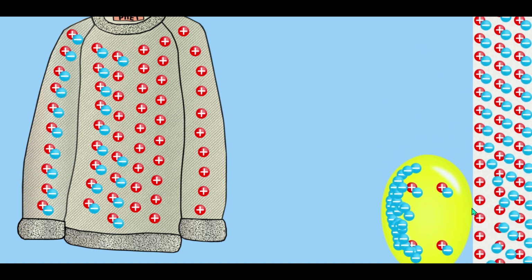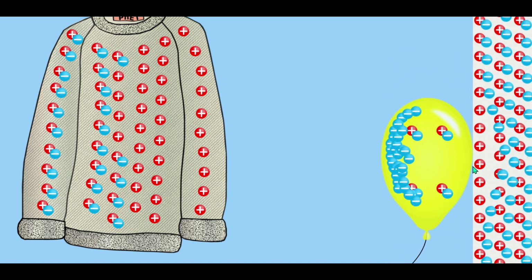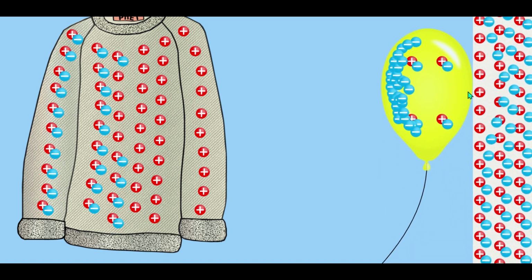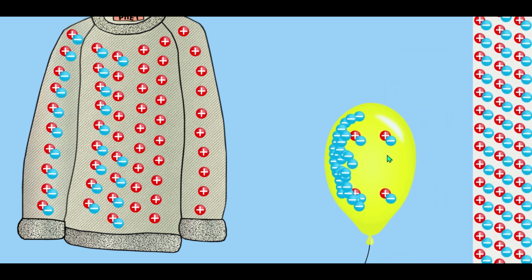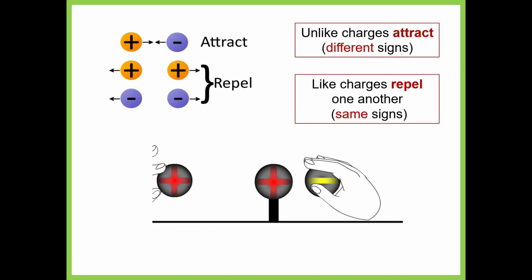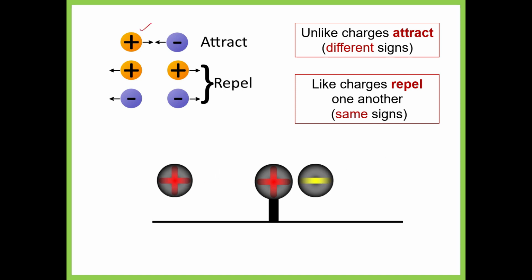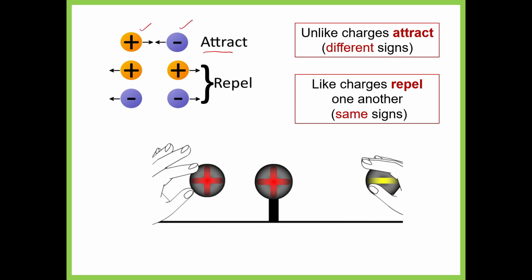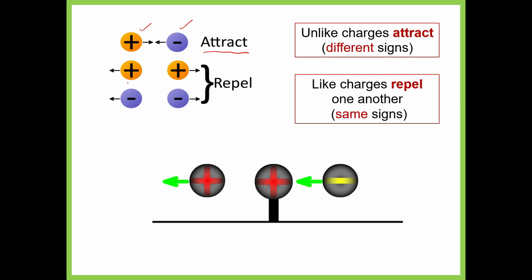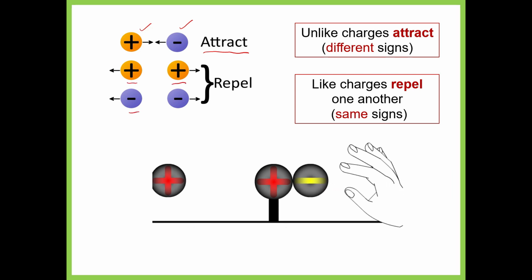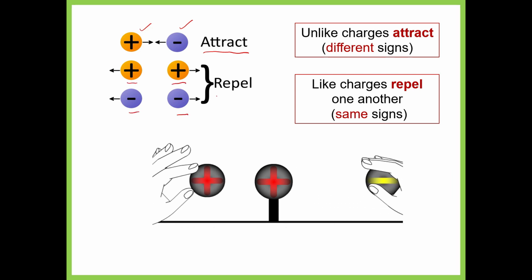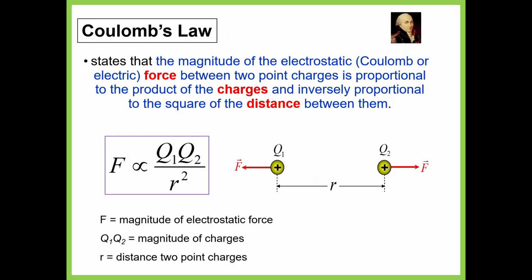The negative charges on the wall are moving away from the negatively charged balloon. We can see from the simulation that unlike charges, or different signs of charge, will attract, and like charges, or similar signs of charge, will repel. This concept explains Coulomb's law.